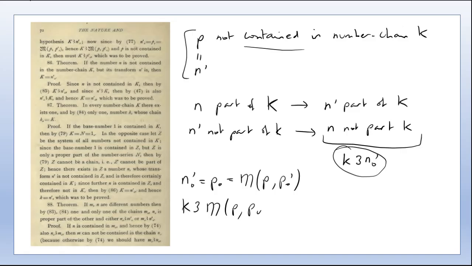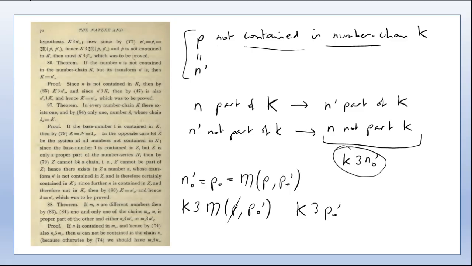So I was getting a bit carried away with everything. But P is not contained in the number chain K, so therefore K must be a part of P naught primed. Okay, so scratch that. Then, since P is not contained in K, K must be a part of P naught primed, which was to be proved.